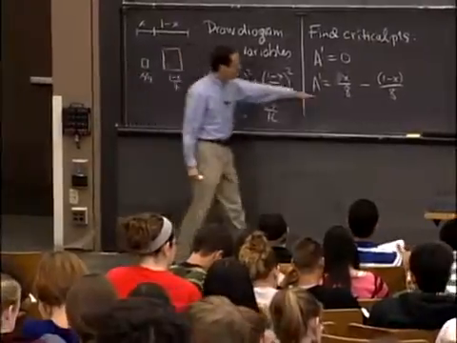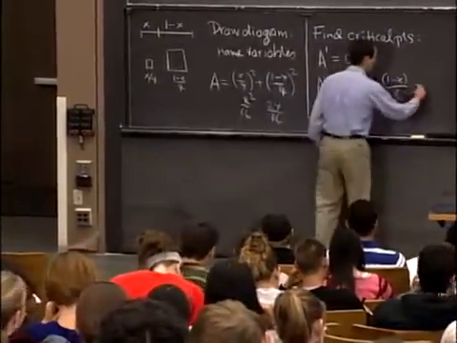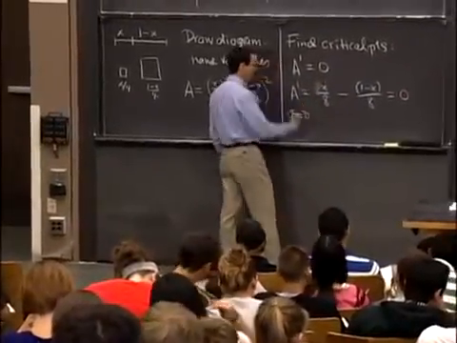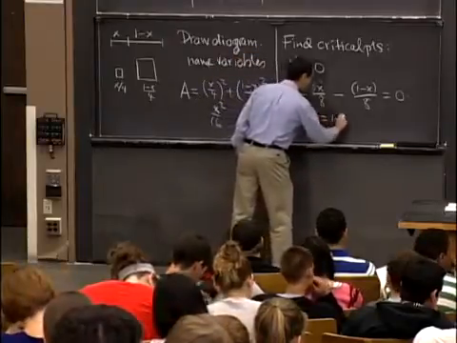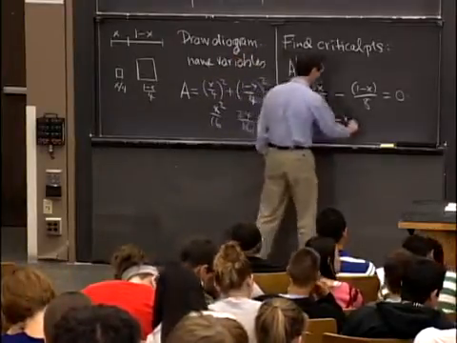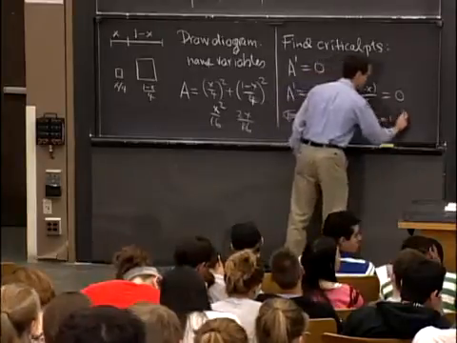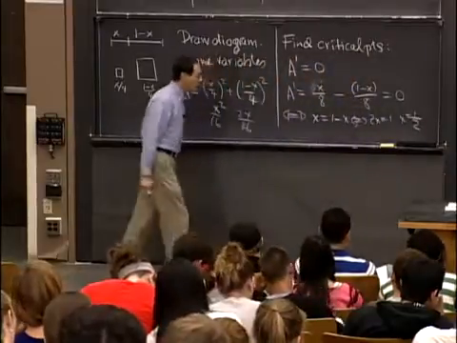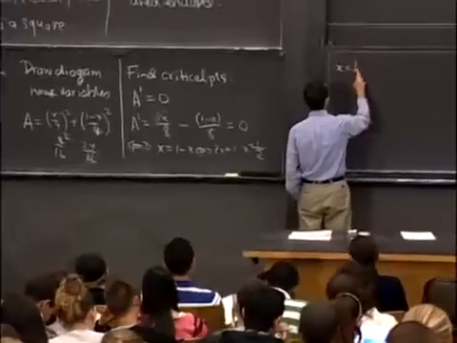All right, so now this is equal to 0 if and only if x is equal to 1 minus x, that's 2x equals 1, or in other words, x is a half. So there's our critical point. So x equals a half is the critical point.